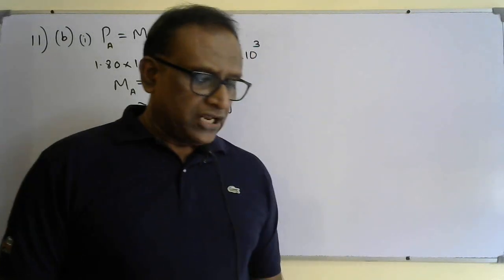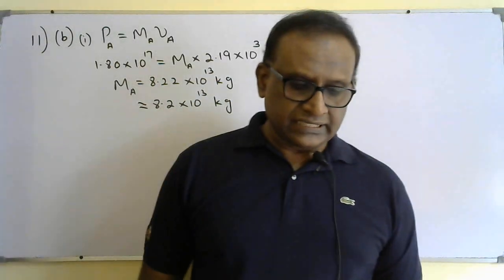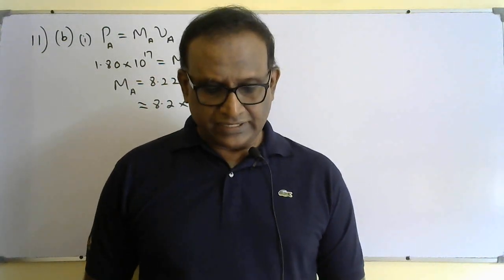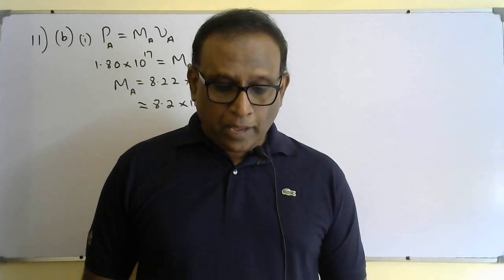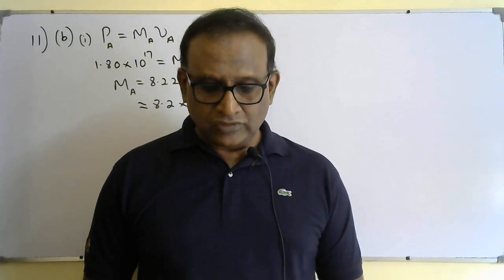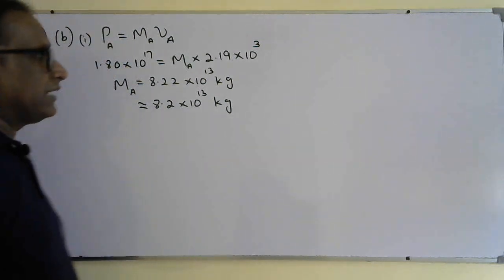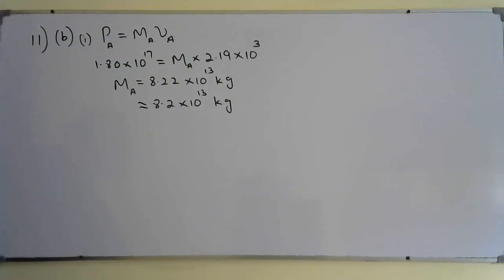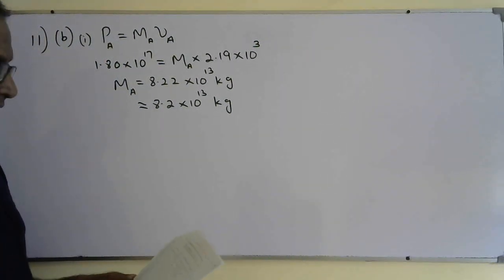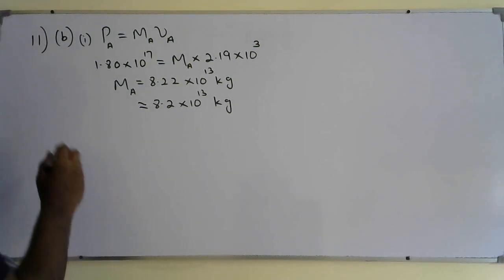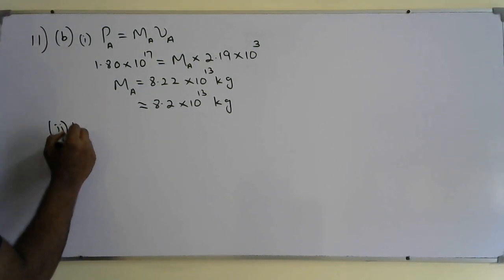Second part, calculate the velocity of the asteroids after the collision. Mass of B is given. Velocity of asteroid B before the collision is also given, 1.50 × 10^3 meter per second. Okay, so for the second part we can use the law of conservation of momentum.